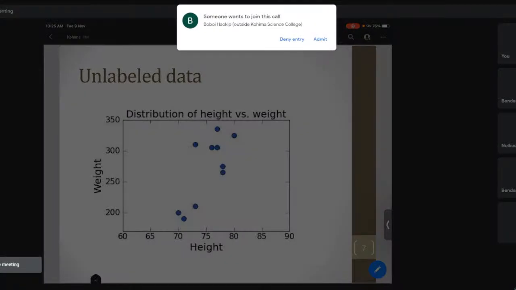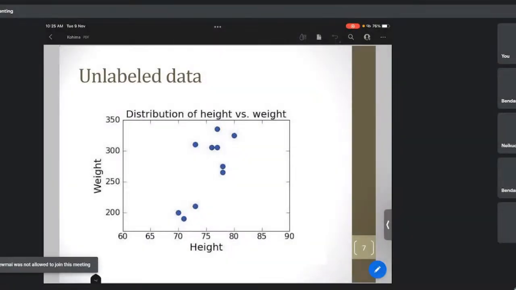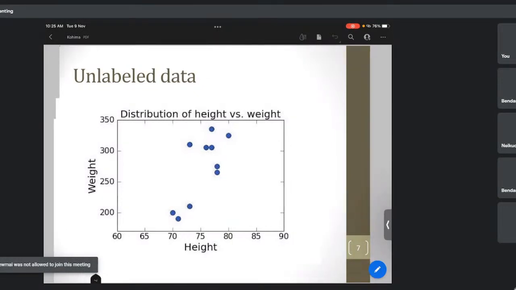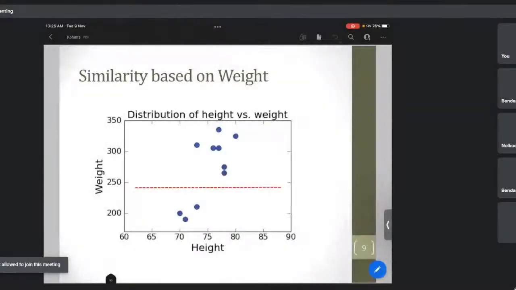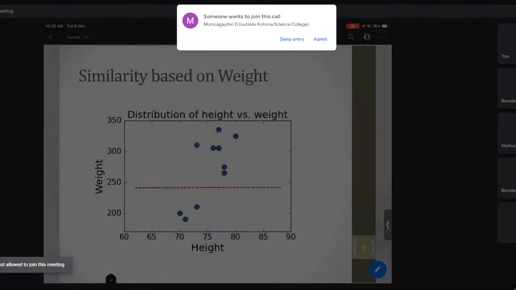Okay, so these are the data points. Based on height and weight, we have these data points. And basically, we'll try to figure out, based on the average weight, if I want to divide them, it will be something like this.